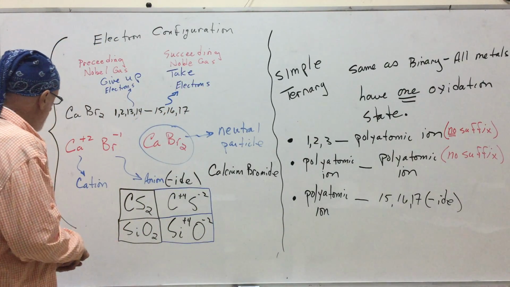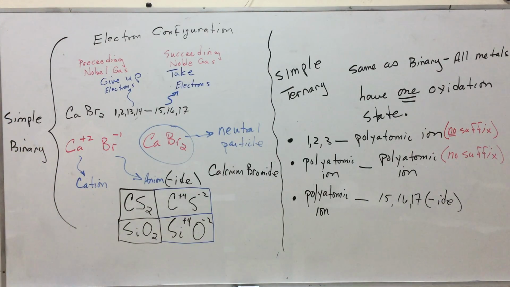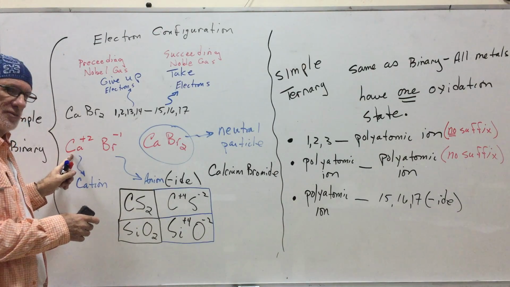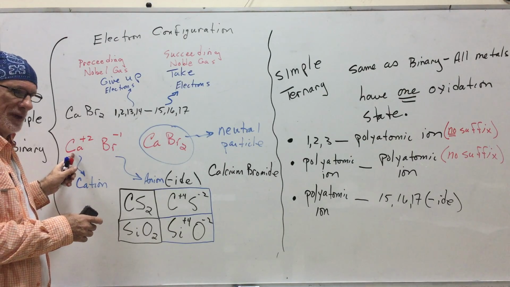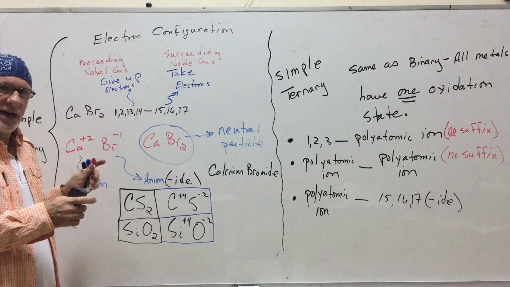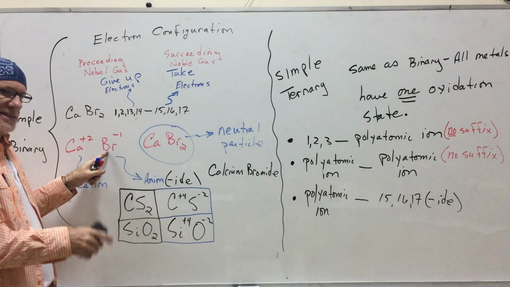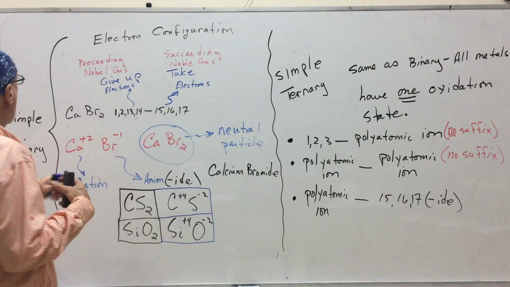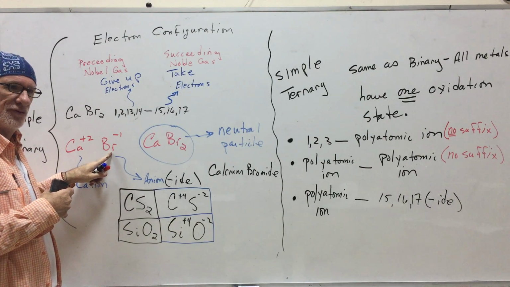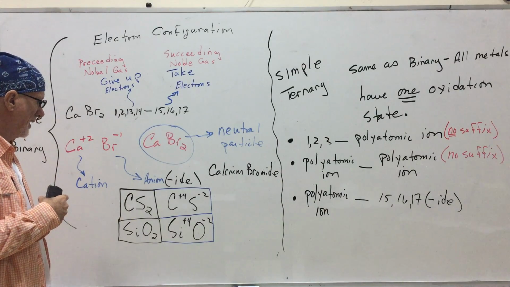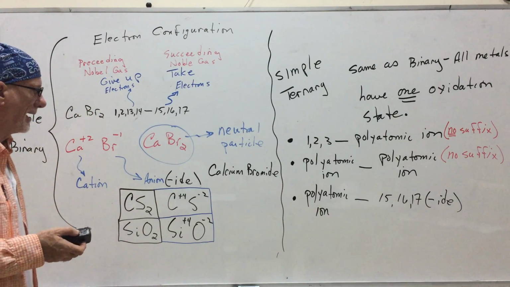So for instance, calcium will be like argon, and bromine will be like krypton in terms of the noble gases. These are giving up 4s2 electrons, and then you're ending up with a valence shell 3s2, 3p6, and this is taking on 1 electron, and that's going from 4p5 to 4p6 like krypton. Okay, now, so, binary, simple binary.